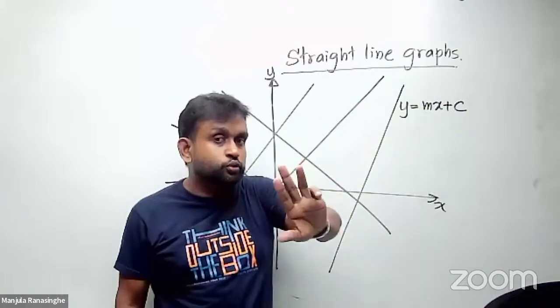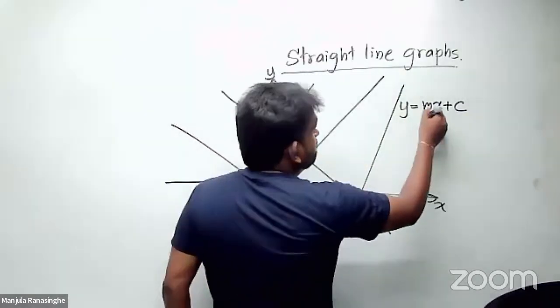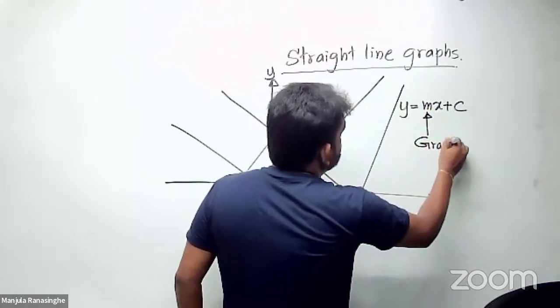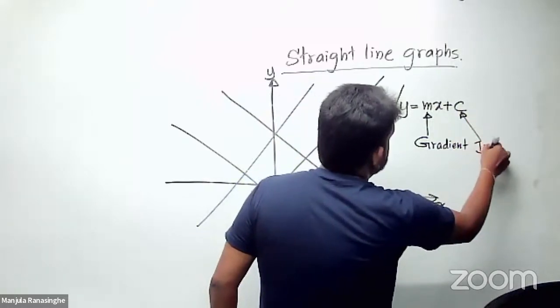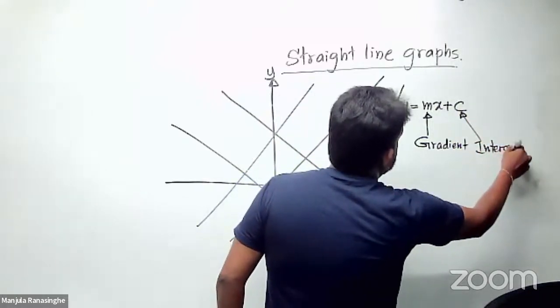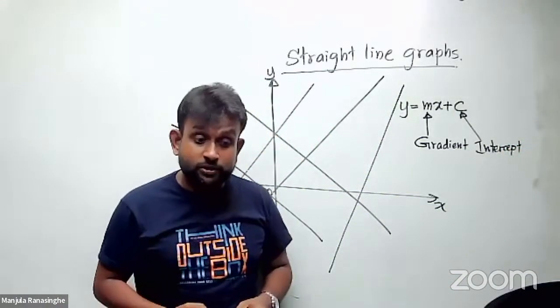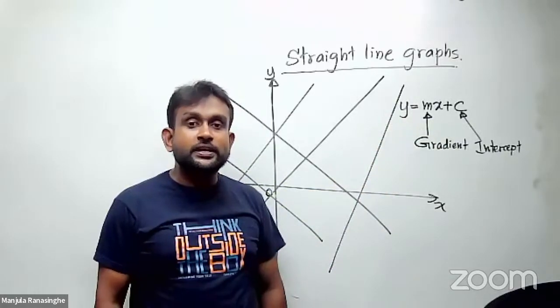Here there are two unknown parameters. What are they? We have the gradient, m, and we have c, called the intercept. We will learn what the gradient and intercept are. What about y and x? They are the variables.